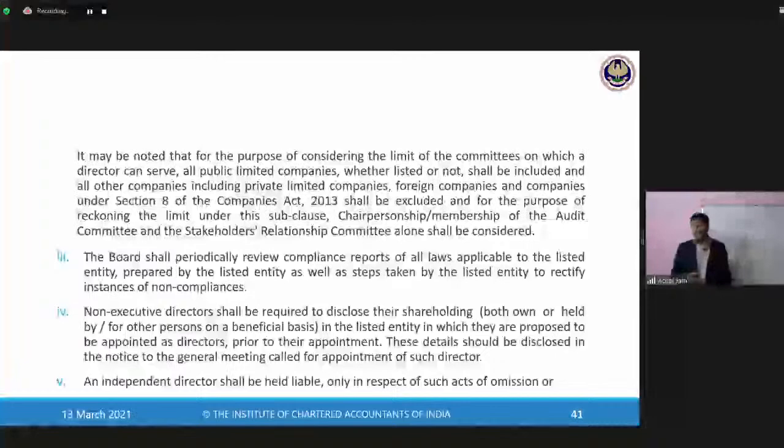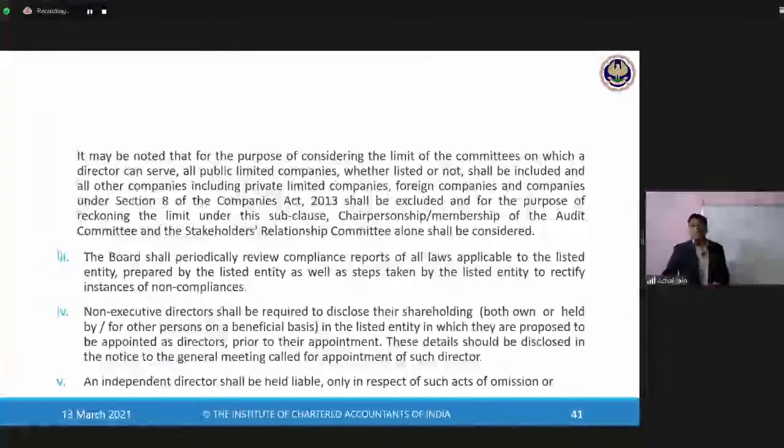Now, this is very important. I would say a very important procedure on the part of the board, because if there are any significant non-compliances, then this may have a bearing on the organization as a whole. And when it comes to the compliances, it's not something about very, very small compliances that we are talking about, even though the responsibility of the board is towards everything, whether small compliances or big compliances.